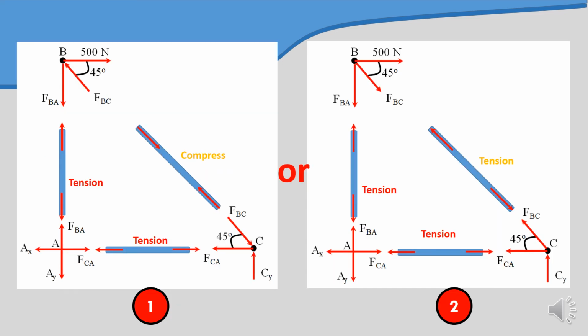If you don't know whether it is compression or tension, you make it like diagram number 2, where you assume all in tension. If you know, you solve it by using diagram number 1. So we will go for diagram number 1 first, and later on we will see diagram number 2.